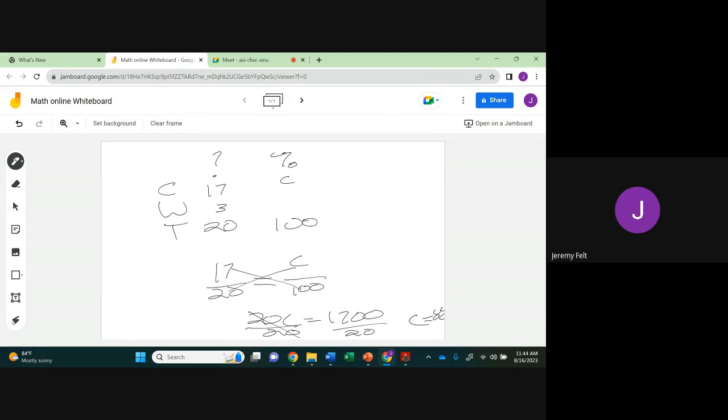So 1700 divided by 20 equals 85. So that's the percent we were looking for. Got 85% correct.